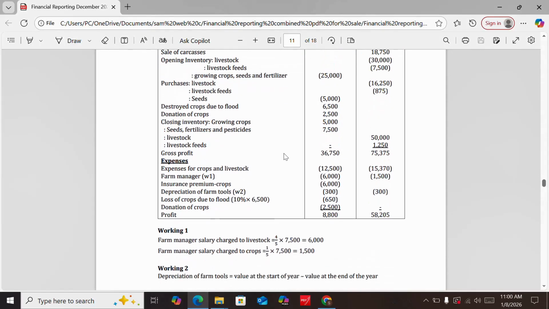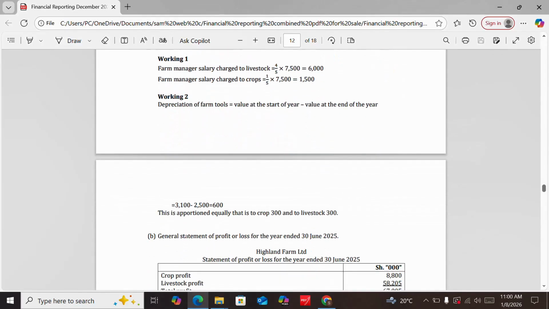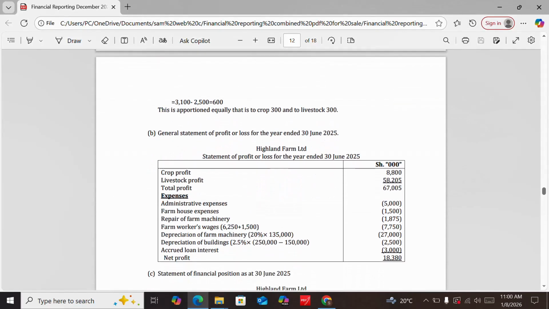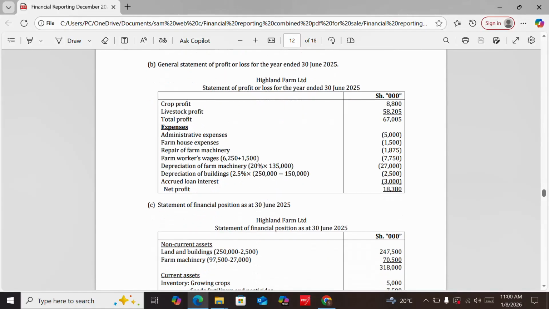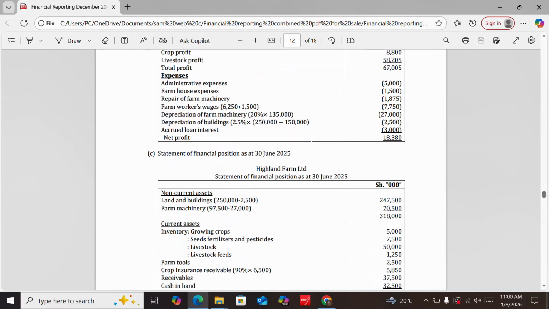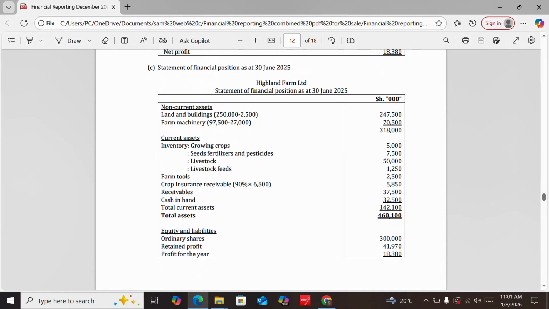Then we have working 1, working 2. Then we have B, the general statement of profit or loss for the year ended 30th June 2025. And then we have the statement of financial position as at 30th June 2025.